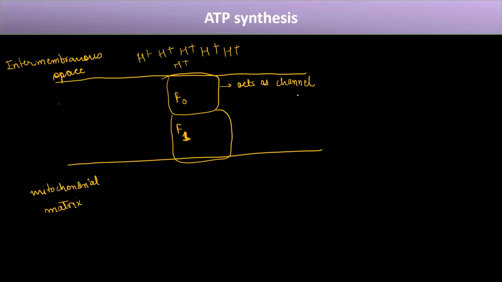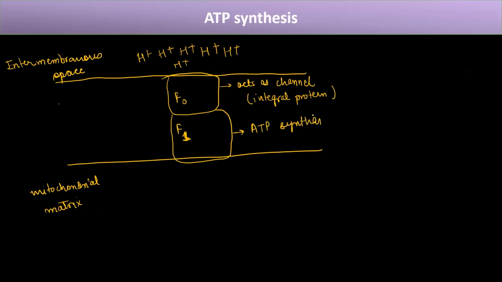So now what happens? This F naught acts as a channel, and it is an integral protein, meaning you cannot isolate F naught without disrupting the membrane. It is also an intrinsic protein because it is located inside. Now this F1 is actually an enzyme, and this enzyme is known as ATP synthase.